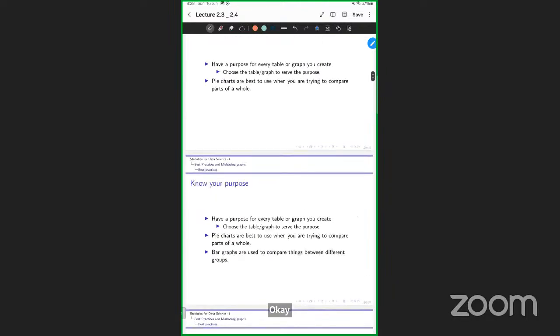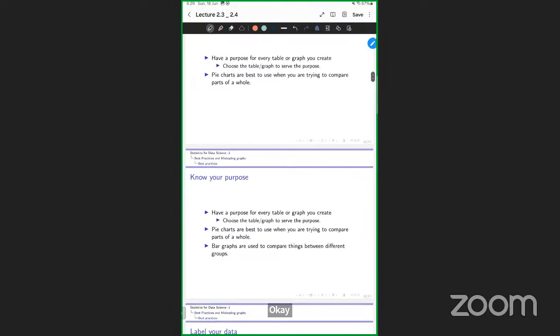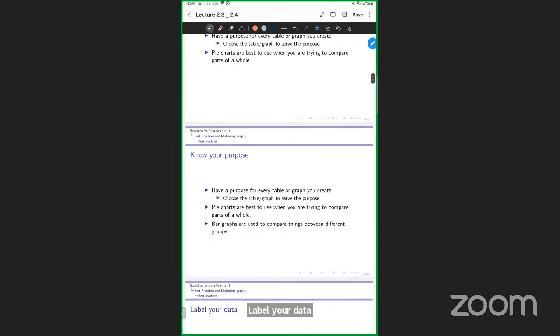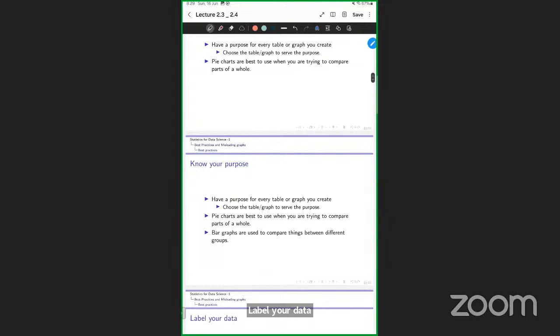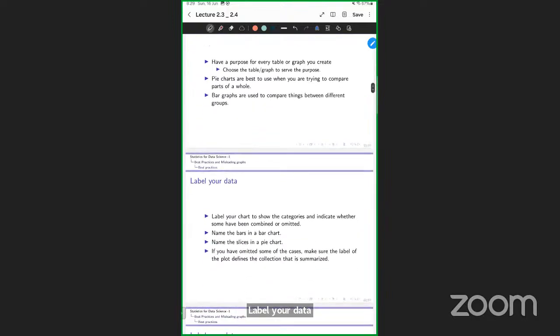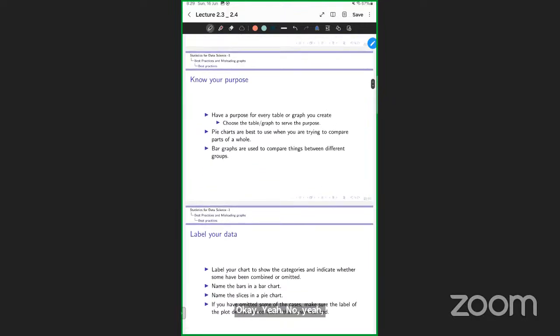Label your data. Have a purpose for every table or graph you create. Pie charts are best to use when you are trying to compare parts to a whole.